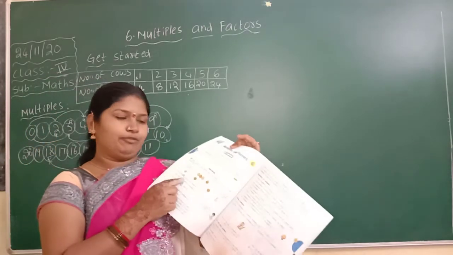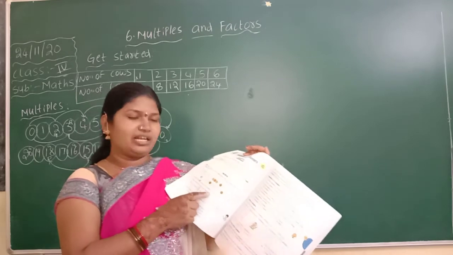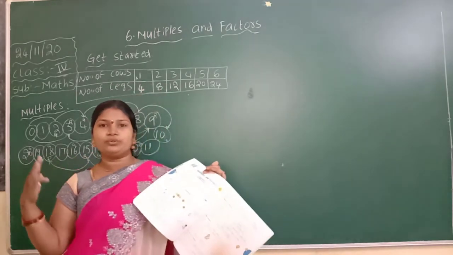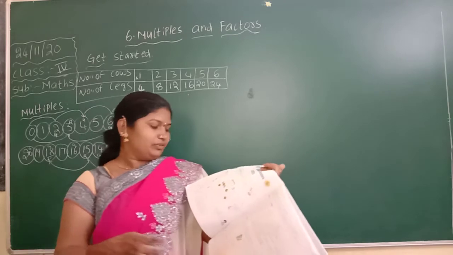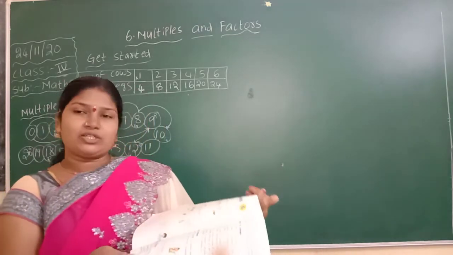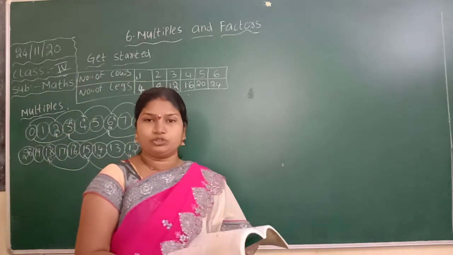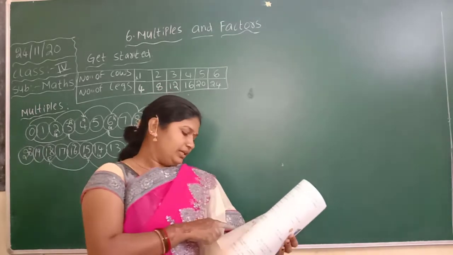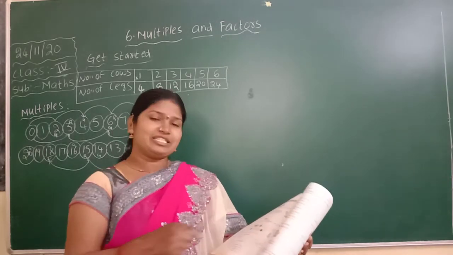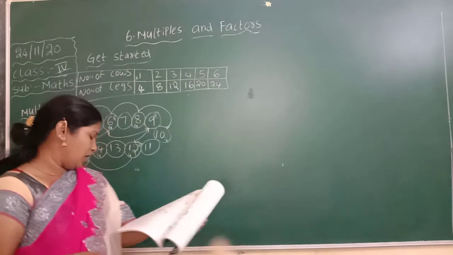So here they have given: we see that the frog jumps on the numbers 2, 4, 6, 8. These numbers are called multiples of 2. Okay. Next, write the numbers the bunny jumps on.